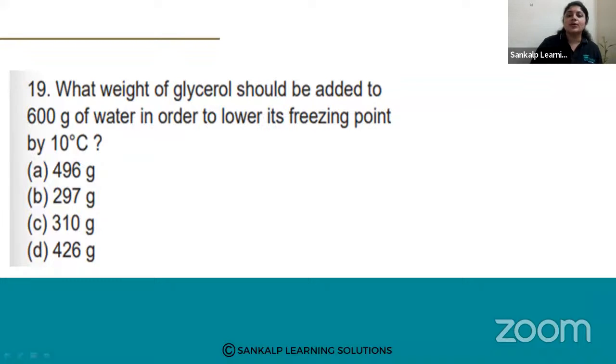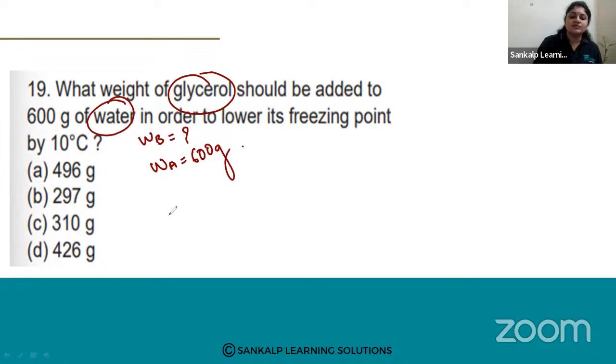Here the solute is glycerol and the solvent is water. They have asked the weight of the solute, so the weight of the solute is WB. The weight of the solvent is given as 600 grams. Then what else is given here?